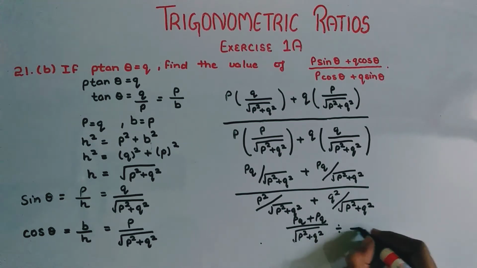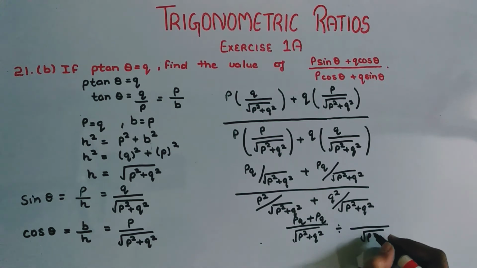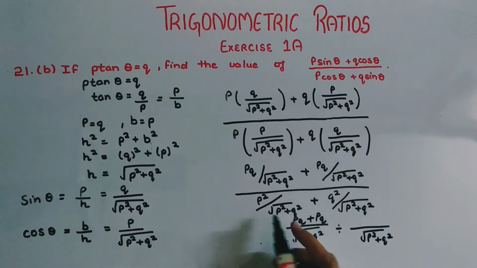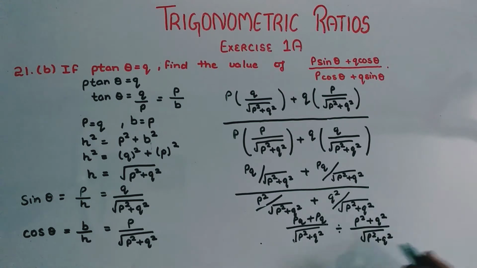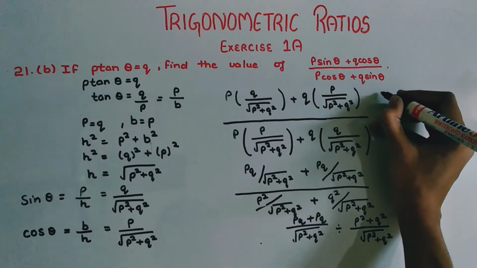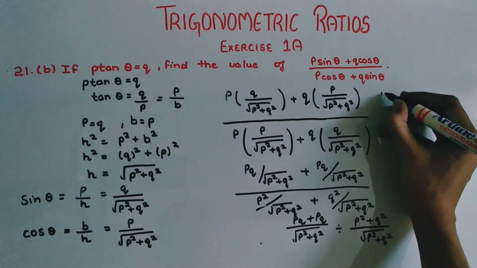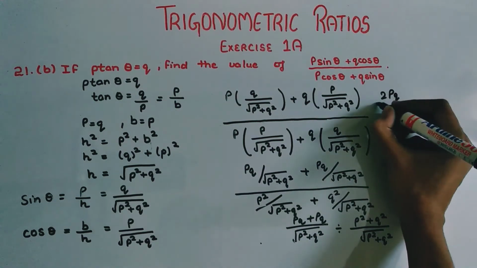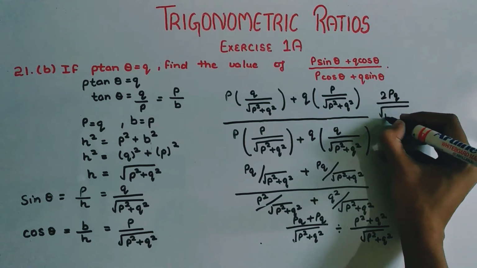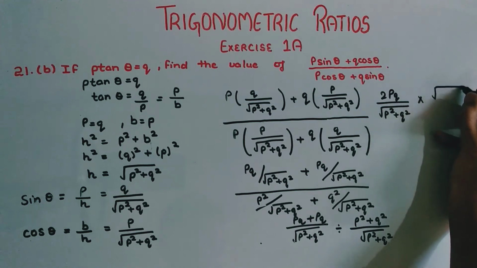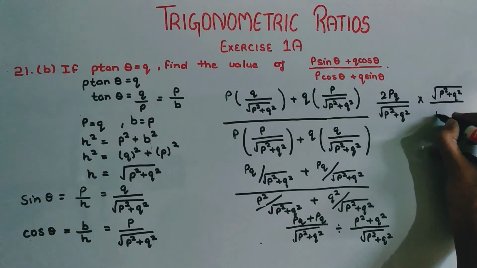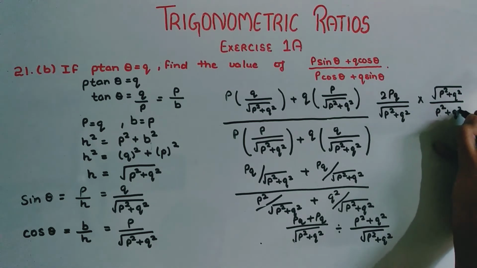Divided by the LCM, that is P square plus Q square, this will be P square plus Q square. Now when we multiply, this term will get reciprocal. That is, we have PQ plus PQ, that is 2PQ, divided by under root P square plus Q square, multiplied by under root P square plus Q square, divided by P square plus Q square.